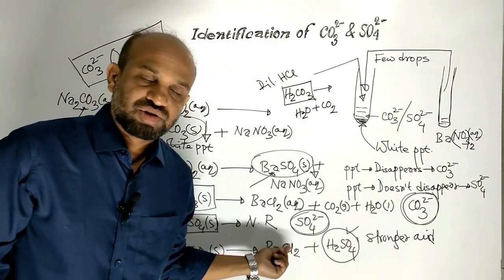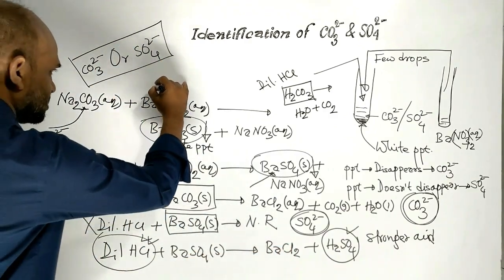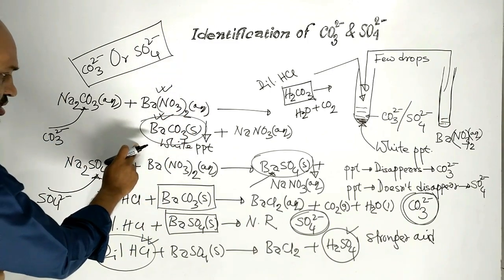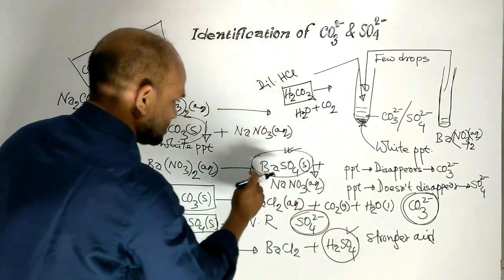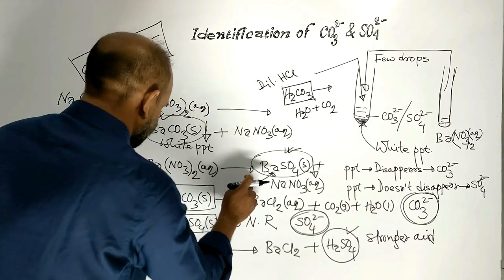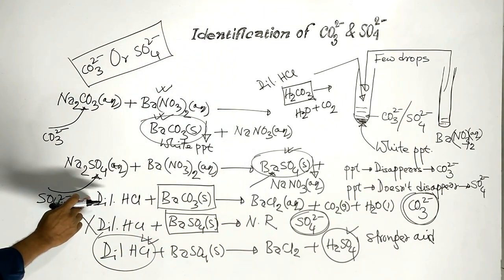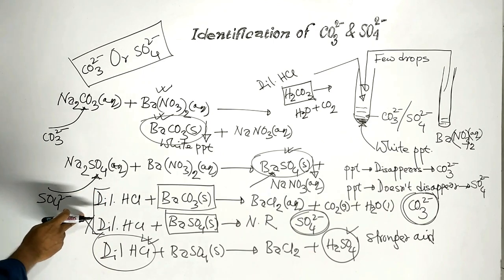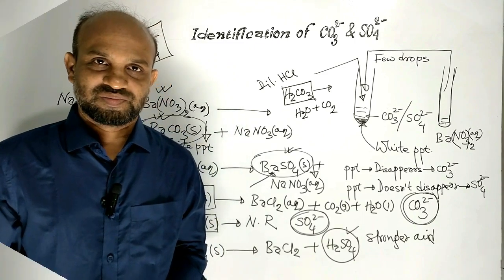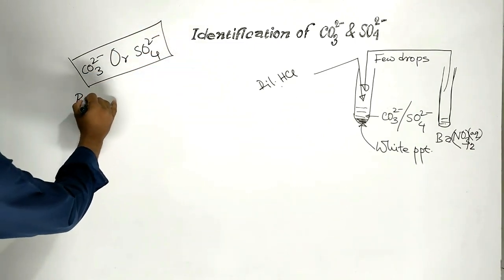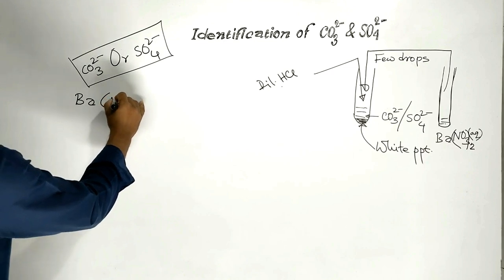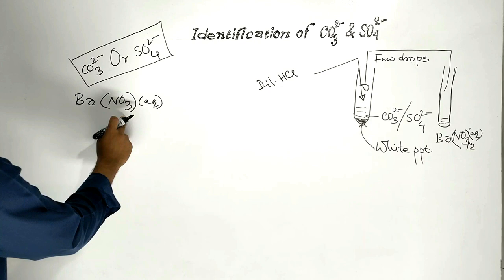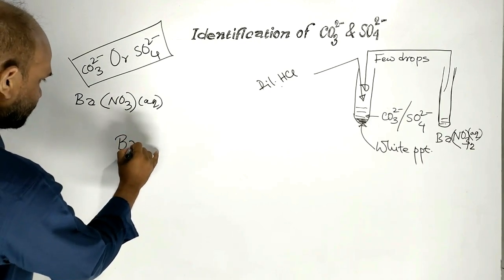Now let us try to know why this is soluble in water and this is insoluble in water. Barium sulfate is insoluble in water, and the reason behind these reactions, let us try to know the matter one by one. First of all, barium nitrate. This is soluble in water. Let us see the structure formula of this compound.